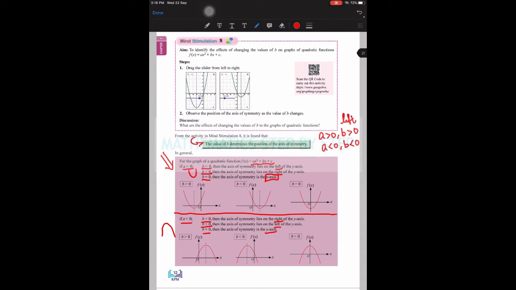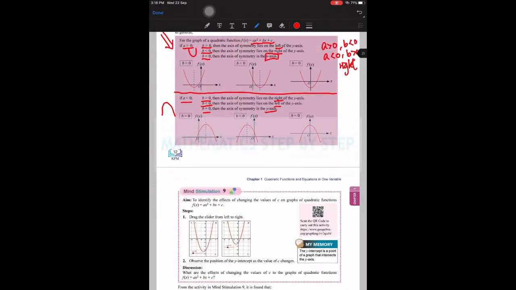But whenever they have different signs, let's say a greater than 0, b less than 0, or a less than 0, b greater than 0, the axis of symmetry will be on the right hand side of the y-axis, okay? Whenever b equals 0, the axis of symmetry will be the y-axis itself, okay?